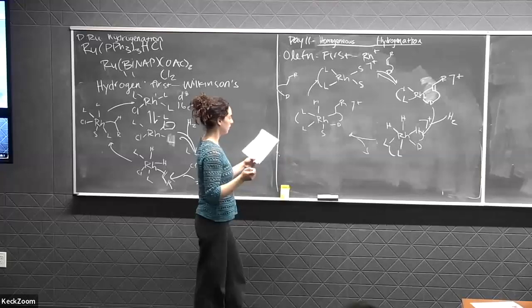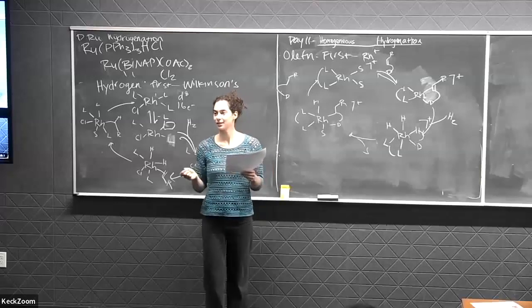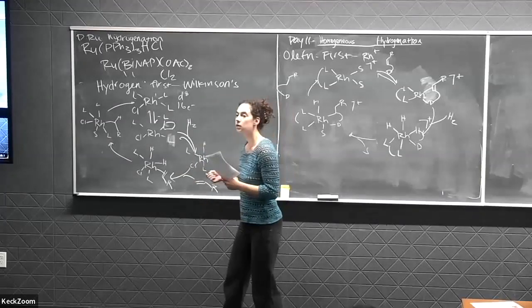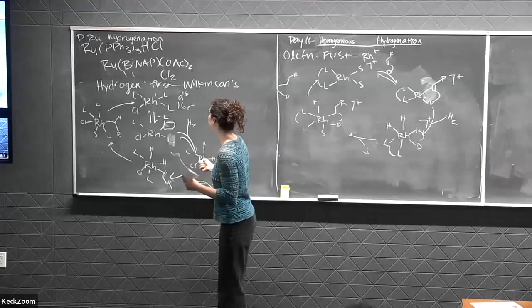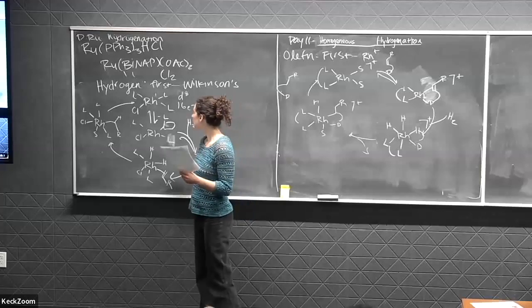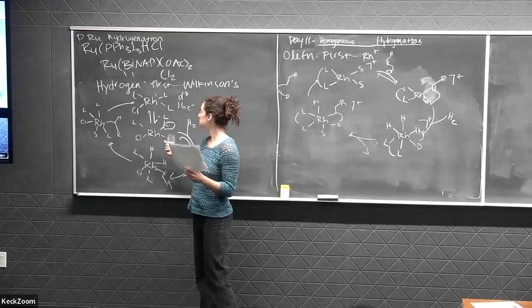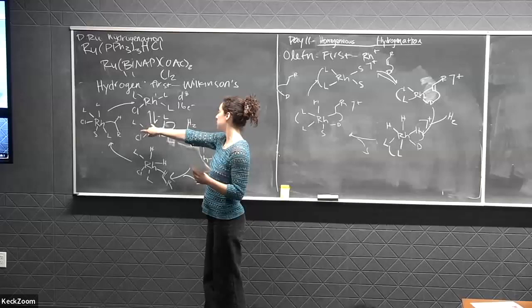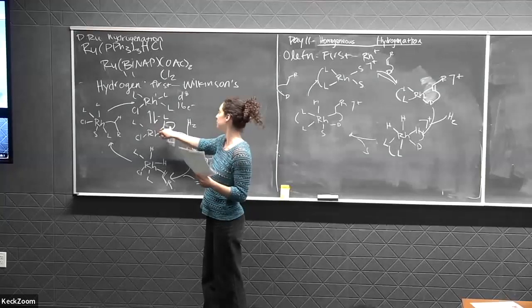Okay. Any questions? For the hydrogen first mechanism, why does ligand dissociation take place at that position rather than the cis position to the carbon? So that's what Madison was just asking. I guess a steric argument would be that if these are phosphine ligands, you would want the loss of the phosphine between them.